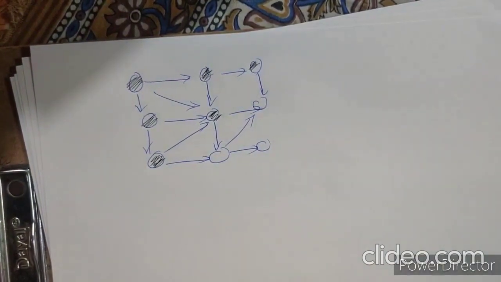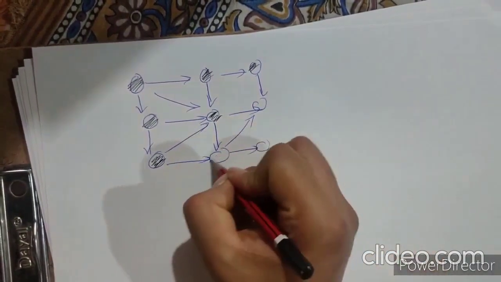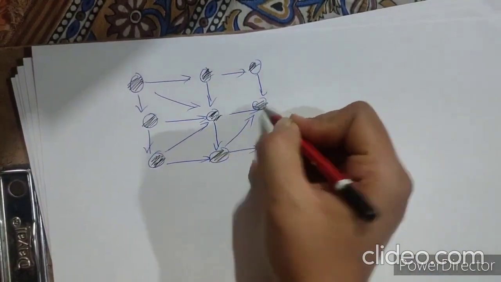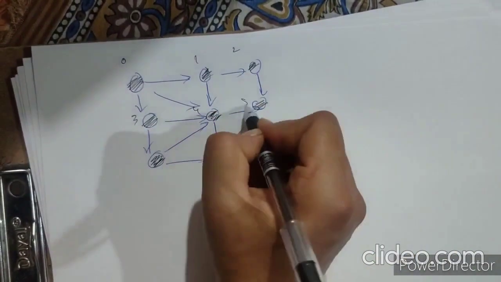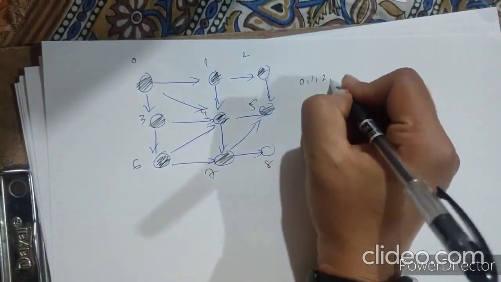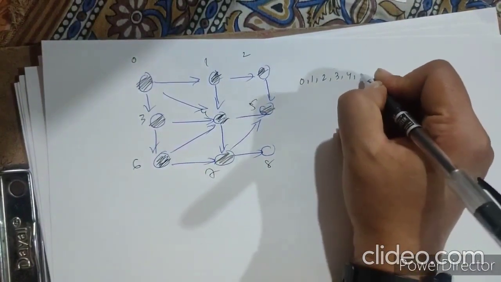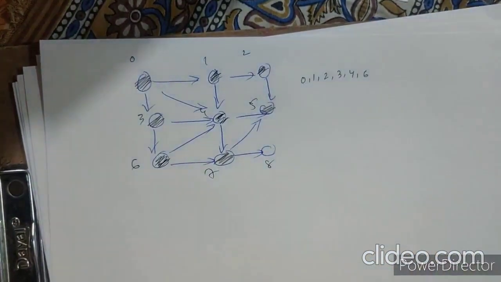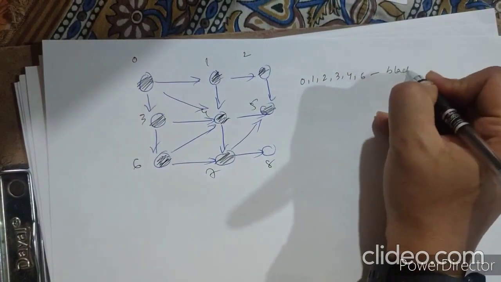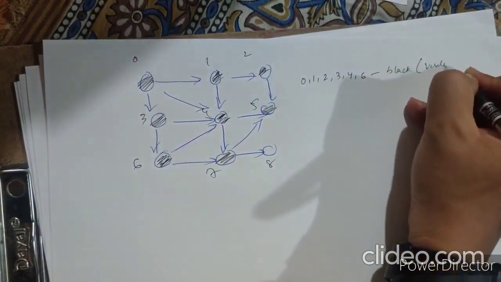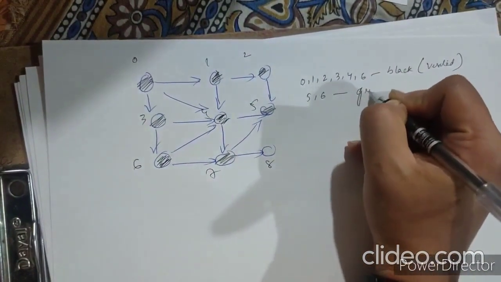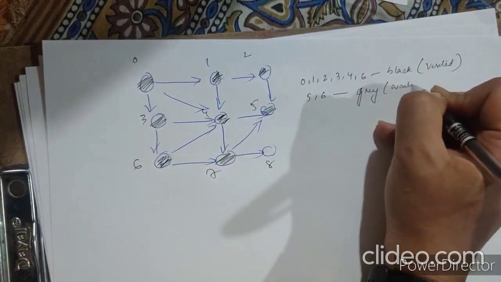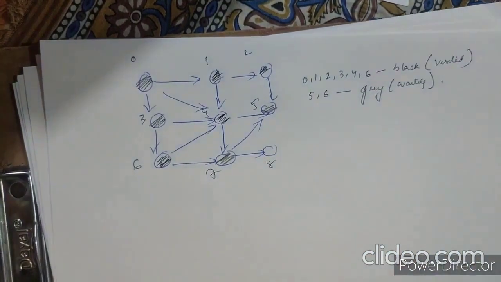So what about 7 and 5? They will be highlighted with gray. So 0 1 2 3 4 5 6 7 8. 0 1 2 3 4 and 6 will be in black, that is visited, and 5 and 7 in gray, that is waiting to be inserted into the queue.